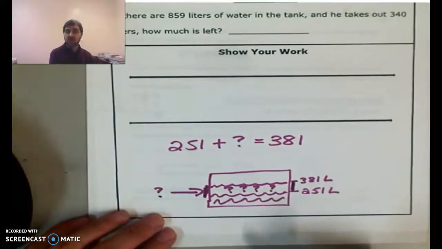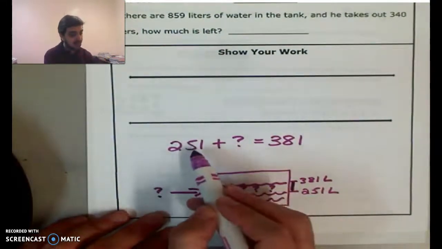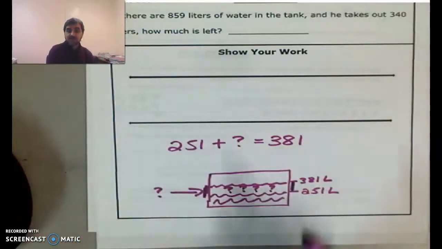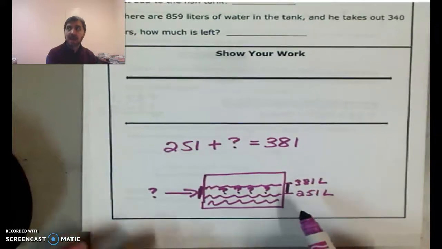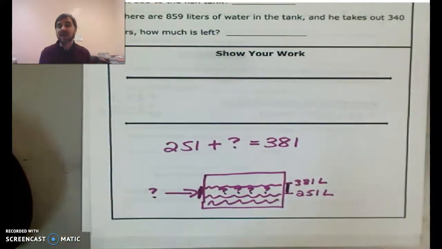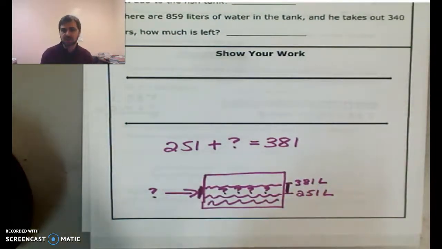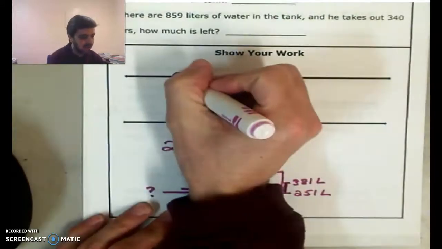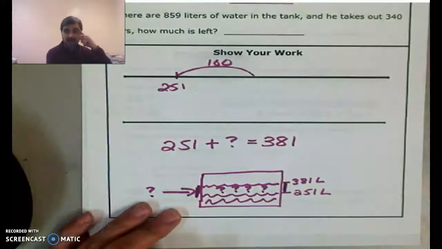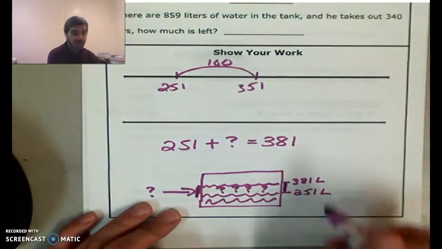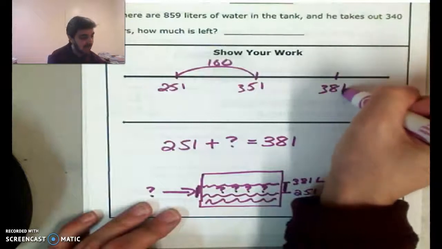There's different ways we can think about that. We can think of it as addition: 251 plus what gets me to 381? I could actually do that in my head, boys and girls. Not by any tricks, but if I jump up 100 on the number line from 251, I know I'm at 351. That's not hard. And then I only need to get to 381.